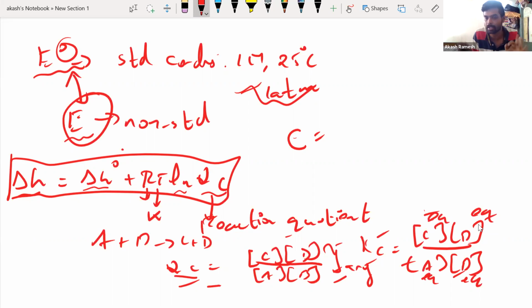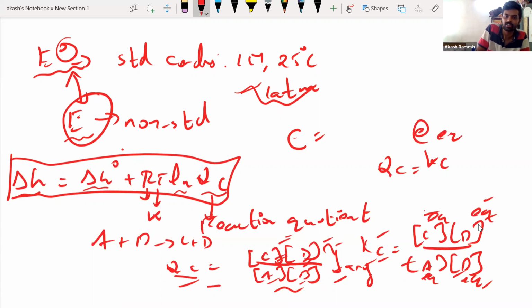If the concentrations we take are at equilibrium, then QC becomes equal to KC, and that's when we say the reaction has reached equilibrium.